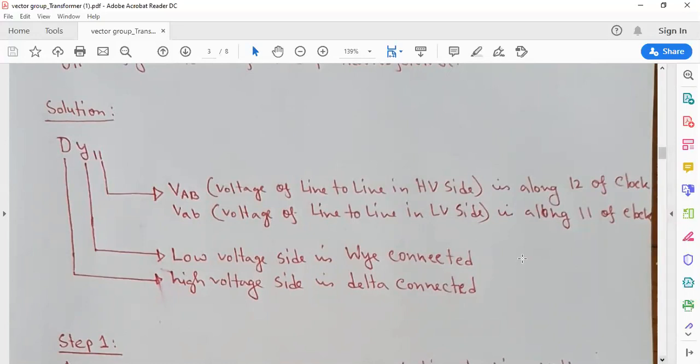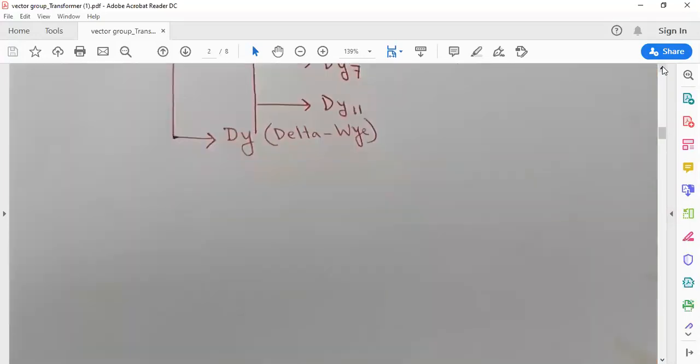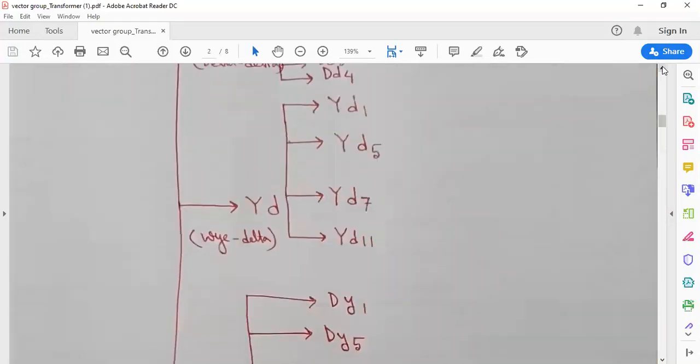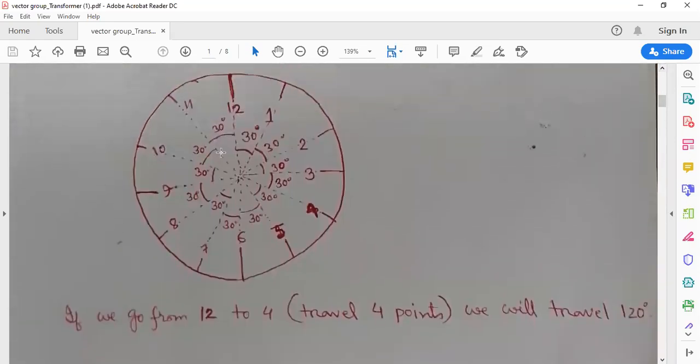As you can see, 11 is just before 12 on the clock, so there is a 30-degree angle difference between the primary and secondary, or high voltage and low voltage side winding.